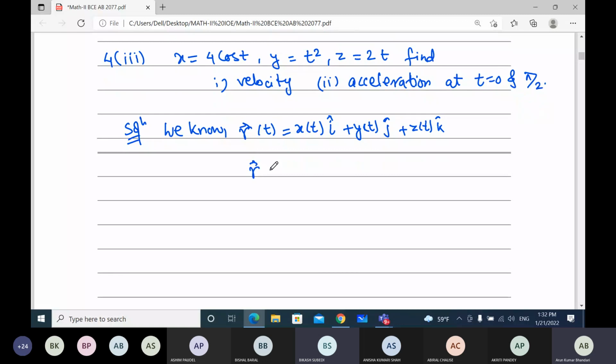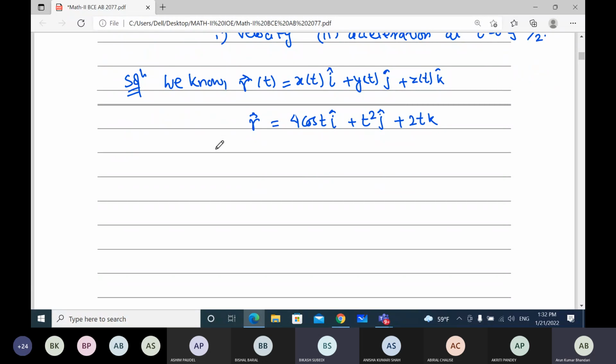Therefore r is equal to 4 cos t i plus t square j plus twice t k. So for the velocity you have to differentiate it. Differentiating with respect to t, you get dr by dt is equal to minus 4 sine t i plus 2tj plus 2k.